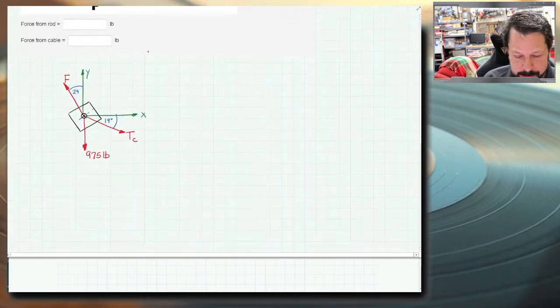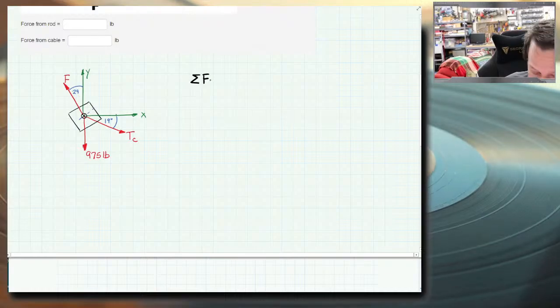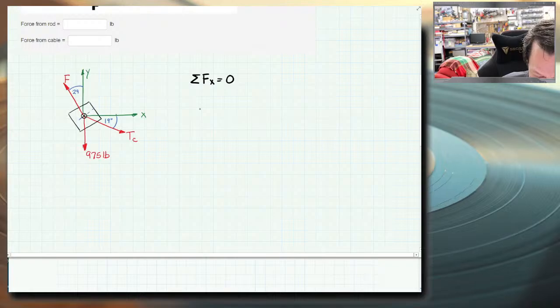So that means that if I draw the free body diagram of any part of this system, and add all of the x components together, they have to add to 0, or else the body I've drawn is moving in the x direction. And same thing for y. Let's write our x equation first, and then we'll write the y one.